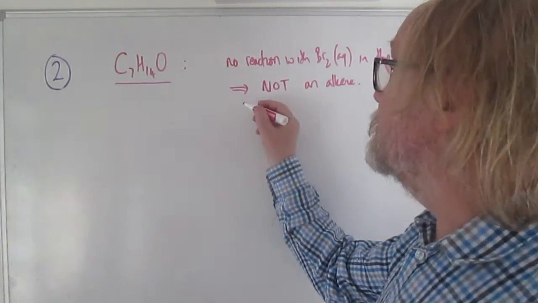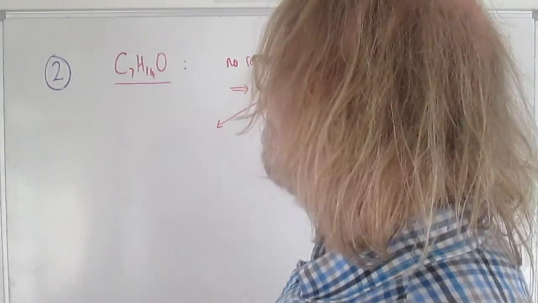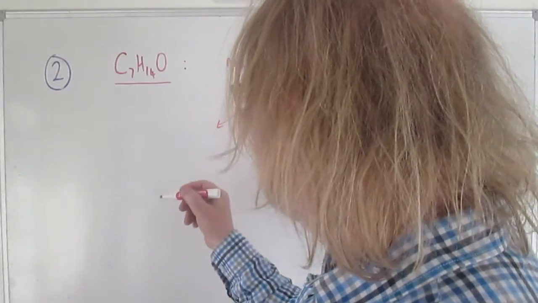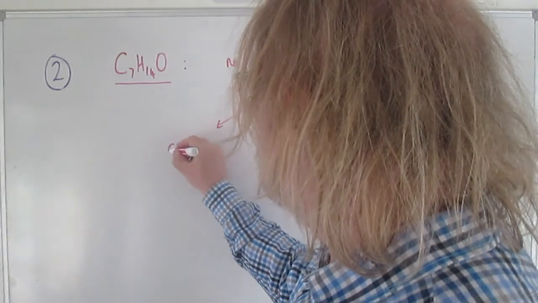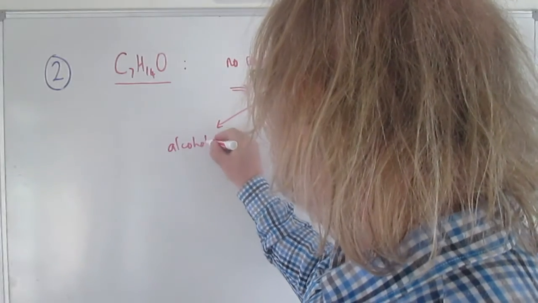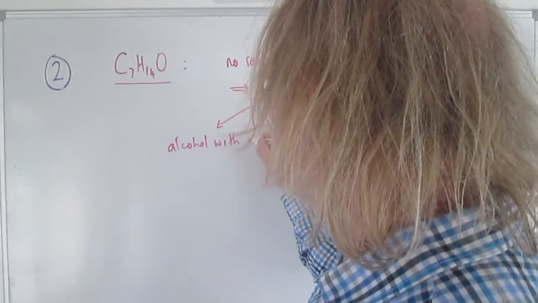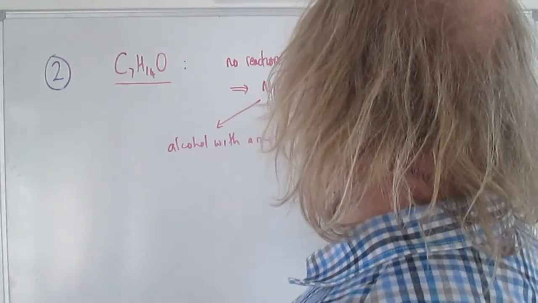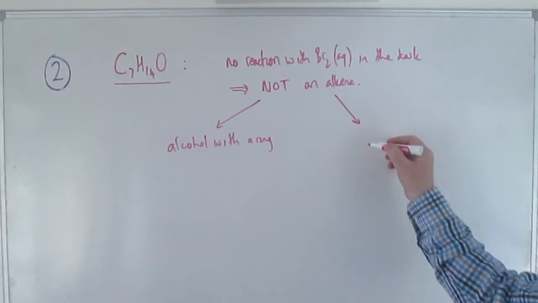And there are basically then two possibilities. So we could have an alcohol with a ring, or we could have an aldehyde.